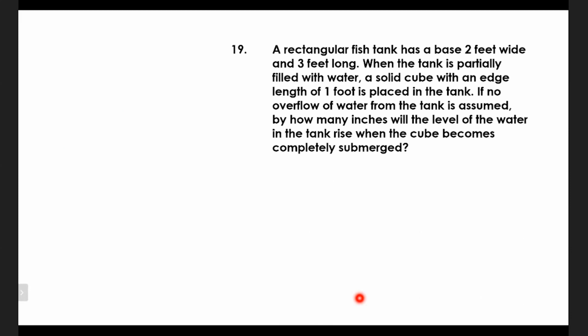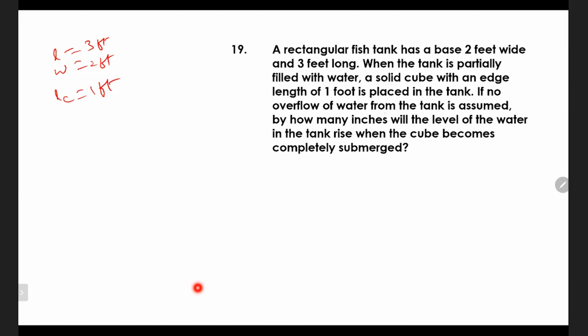A rectangular fish tank has a base 2 feet wide and 3 feet long. Length is 3 feet, width is 2 feet. When the tank is partially filled with water, a solid cube with an edge of length 1 foot is placed in the tank.